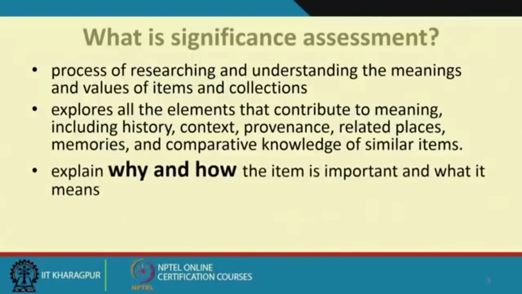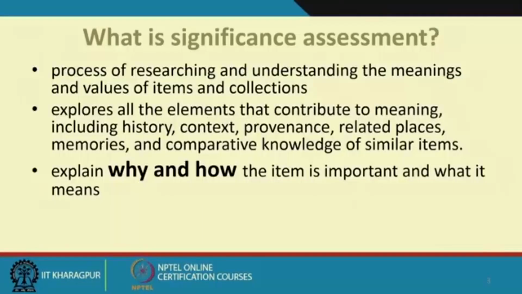And finally, after researching and understanding in a proper way all these various aspects of an item or collection of items, it can be a building, a singular artifact or objects, the process is to explain why and how the item is important and what it means. This is absolutely important because that is the objective of this research and understanding. Why and how.